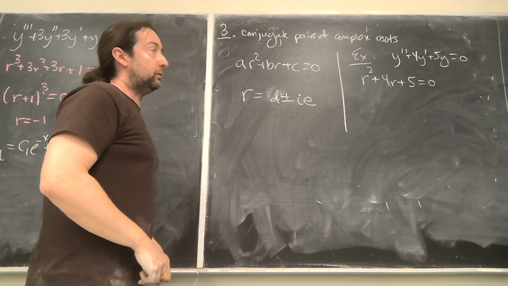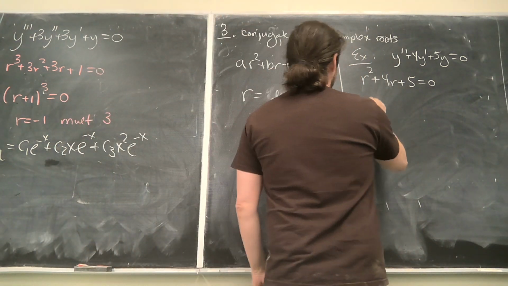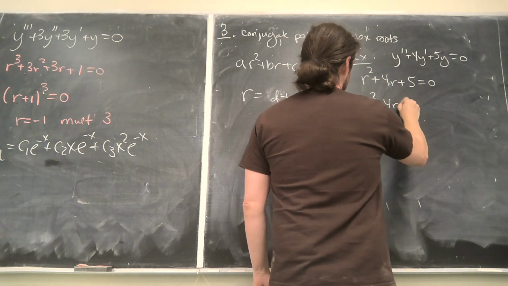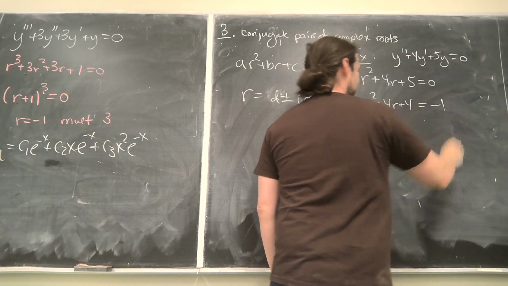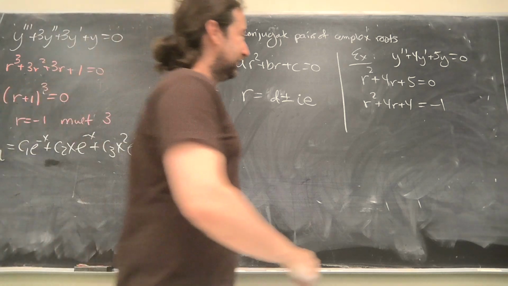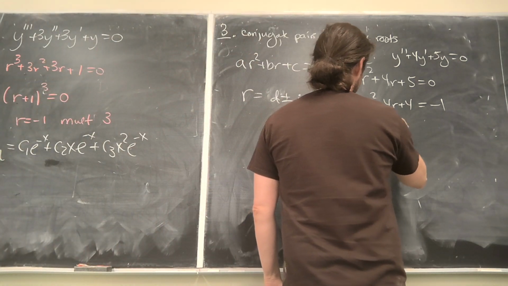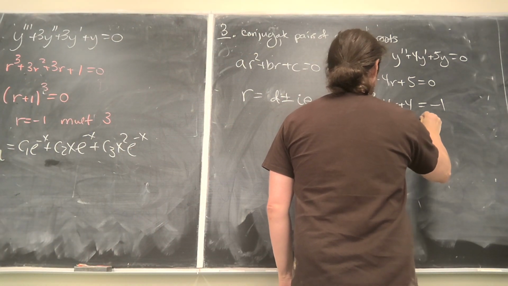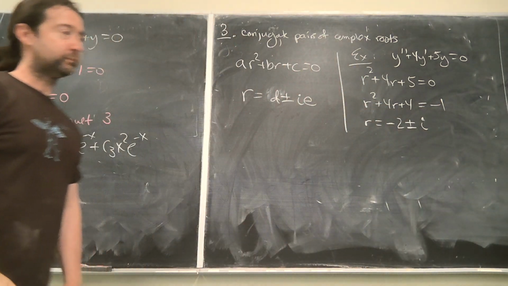Auxiliary polynomial: you might realize that this can be written by completing the square, which you should love doing. And so r is going to be equal to minus 2 plus or minus i when you're finished.